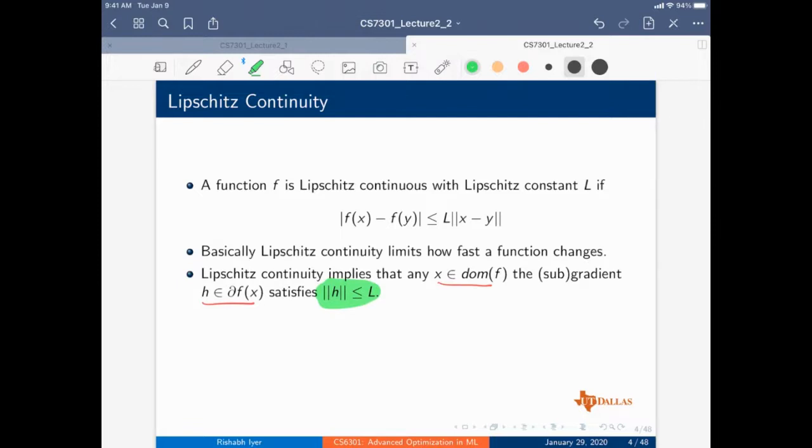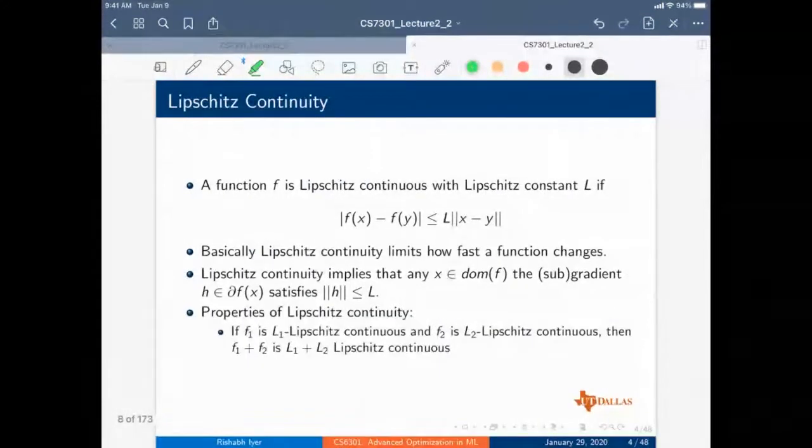So what is often done is that these functions are analyzed in scenarios with a bounded domain. You assume that x, which is typically the weights, is bounded somehow. If x is bounded, then you can show that Lipschitz continuity still holds, so you can give a Lipschitz constant.